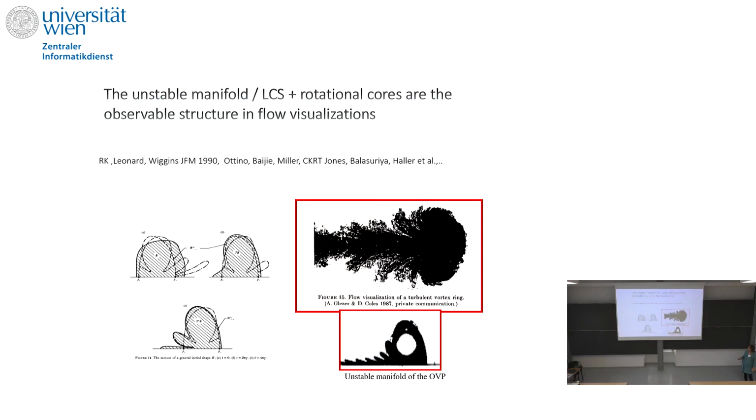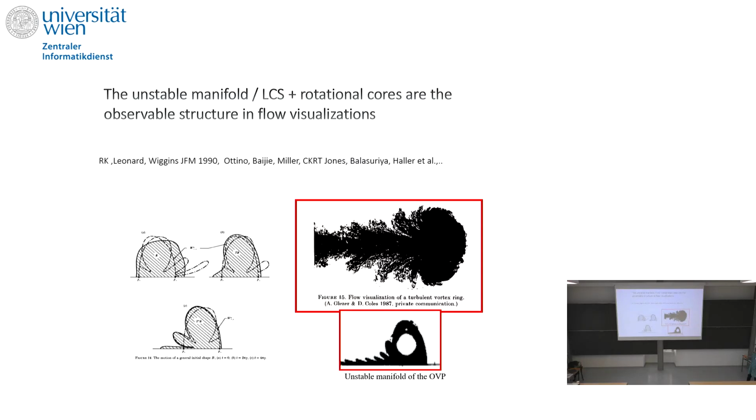And in fact, what we realized in the 80s and 90s is that what one sees is really these unstable manifolds. And the unstable manifolds of this ODE, dx/dt equal to u, can be very complicated, and many times that's what one sees.